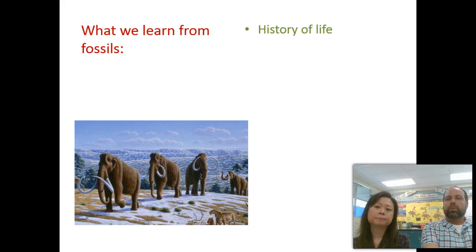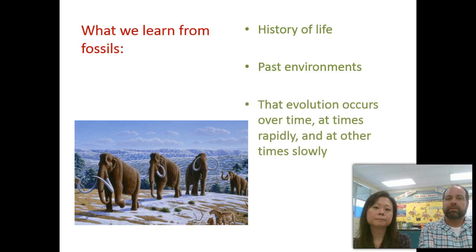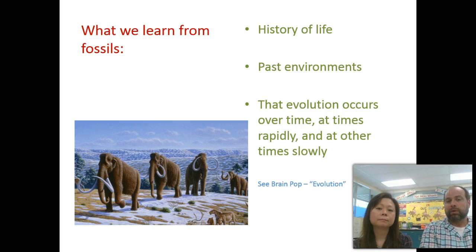So the reason why scientists study these fossils and the reason why they're so important is because no humans have lived in these past environments. We only have clues to what the past environments were like, and those clues come from the fossils. For example, if we found a fossil of a big leafy plant, we know that a big leafy plant would probably not exist in a very dry, hot desert.